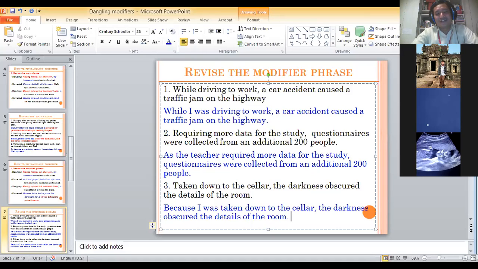When your modifier has no word to modify, your modifier is nothing in a sentence, and it means that your sentence is wrong. So I hope that after you learn the two mistakes, misplaced modifier and dangling modifier, next time when you write a sentence, you better check your sentence carefully in order to avoid making any mistake.